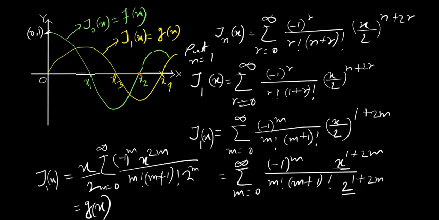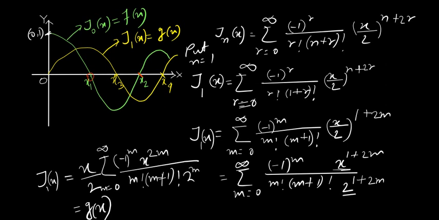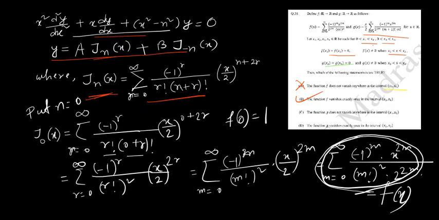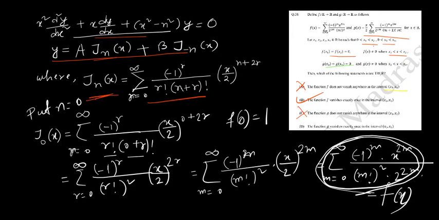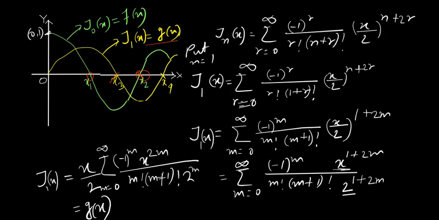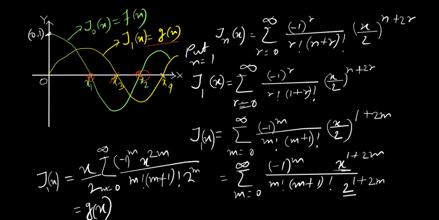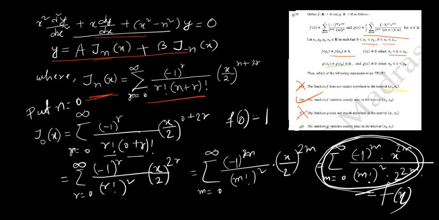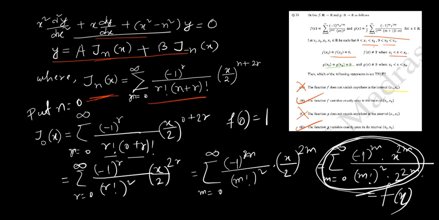Between x1 and x2, g(x) vanishes at x3, so option C is incorrect. And in option D, the function g vanishes exactly once in the interval x1 and x2. Between x1 and x2, g vanishes at exactly one point, x3. So option D is correct. So options B and D are the correct options.